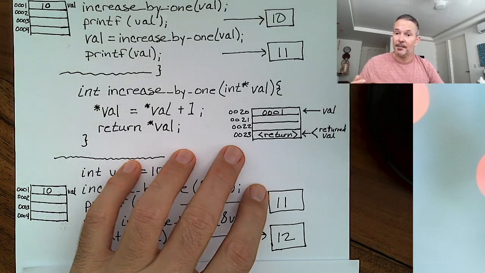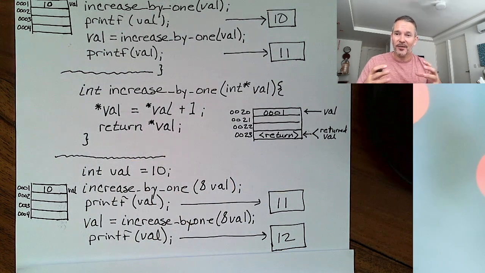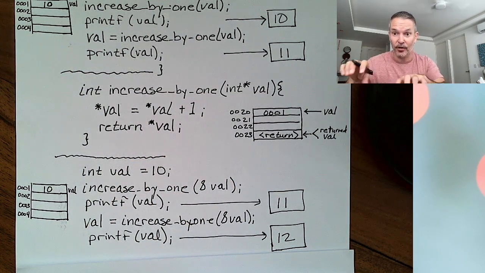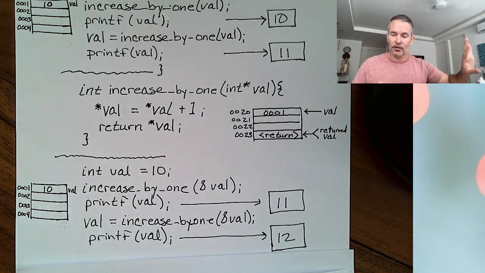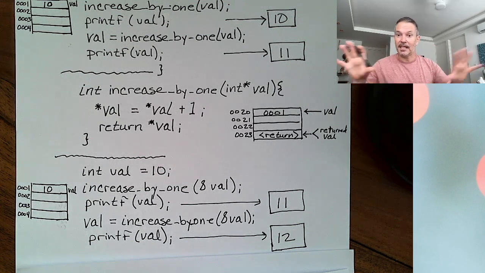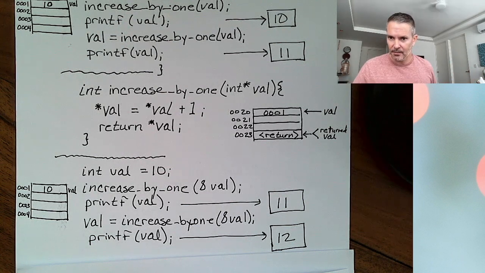Now, it's very common to pass by value in functions because it's often that we don't want the function to change anything about the parameters that were passed into the function. We just want the function to do some operation and return a value. We don't want it to mess with any of the memory in the main program. But other times, we in fact do want the function to mess with the main memory. And we'll see many, many uses of why this is so powerful and important as we continue our journey.